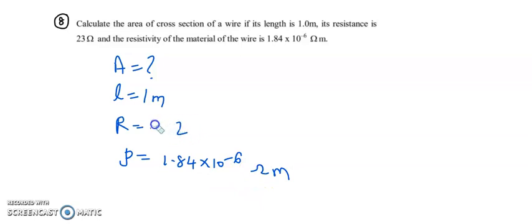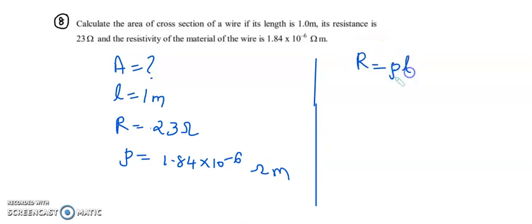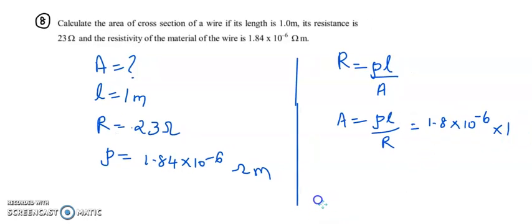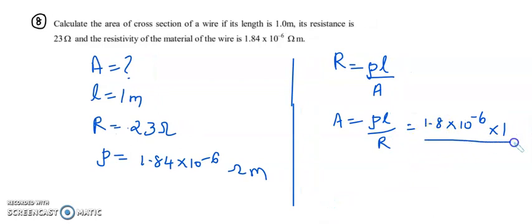So we'll take the formula of resistance and change it and plug in the values. R is equal to rho L by A. Shift the A to the top, so A is equal to rho L by R, which is 1.84 into 10 raised to minus 6 multiplied by 1, because length is 1, there is no change, divided by resistance 23. Sorry, I made a mistake here.